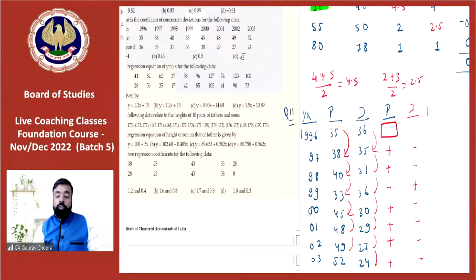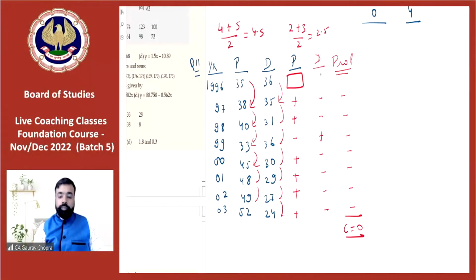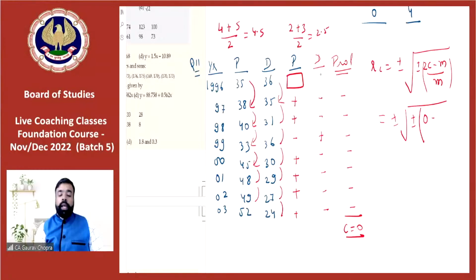Now we can find the product and see the concurrent deviations, that is same effect on both sides. So plus and minus is minus, minus, minus, minus, minus, minus, minus, and then minus. See, all are negative. That means C is equal to 0. Now, what was the formula? Plus minus under root plus minus 2C minus M upon M. Now, C is 0, so it is 0 minus M. M means number of deviations.